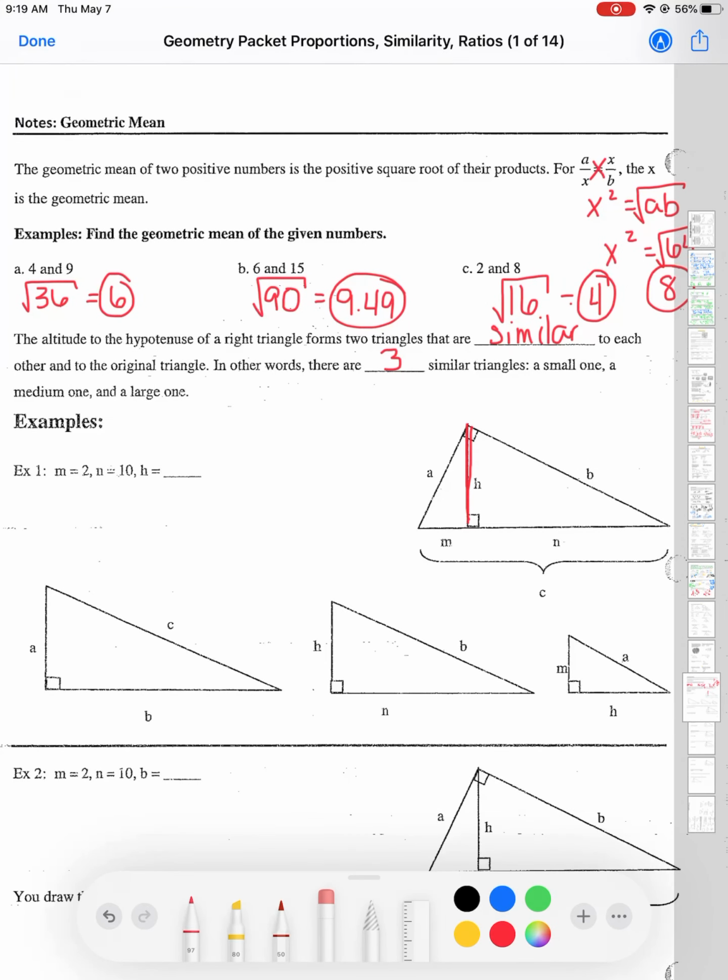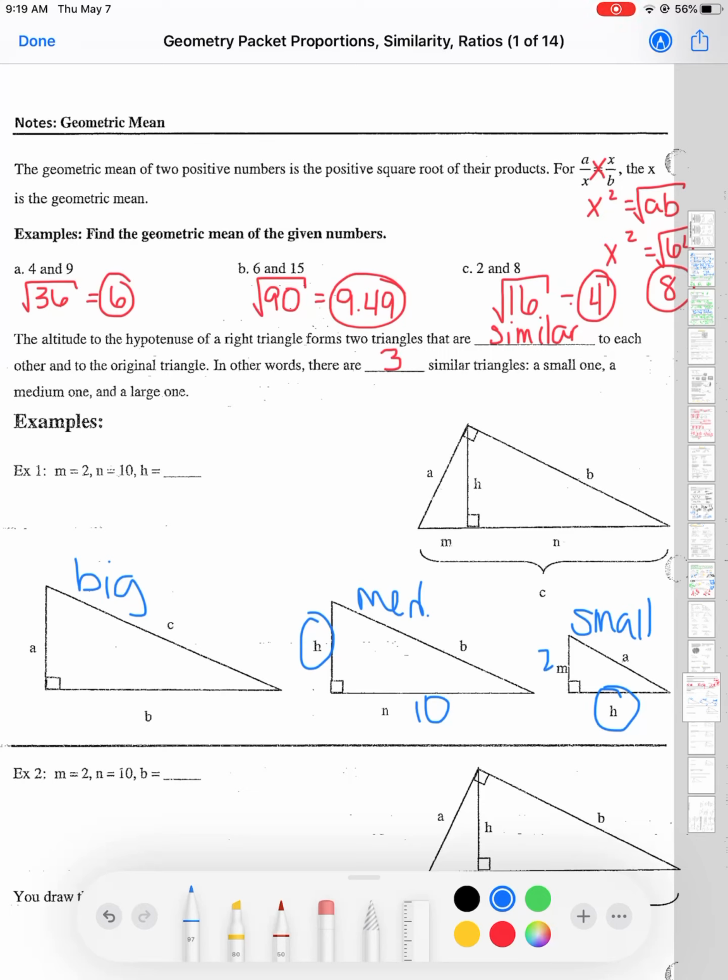So in this example, they've already pulled it apart for you. They've drawn the big one, the medium one, and the small one. They've given you that M is 2, N is 10, and then we're trying to find H. Notice that H is in 2 of the triangles.